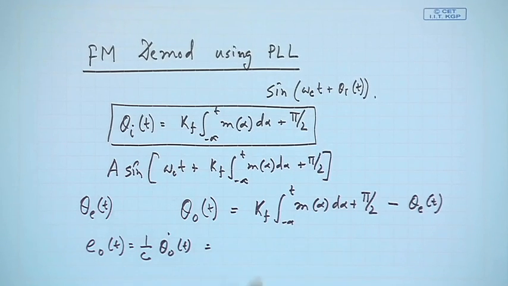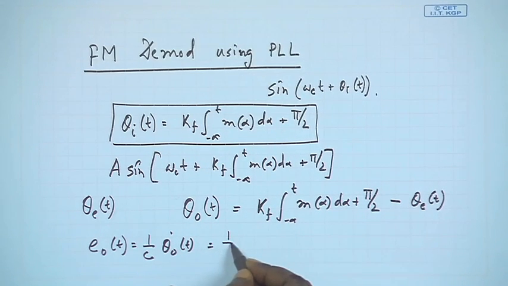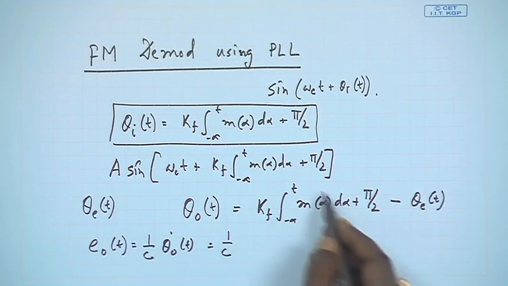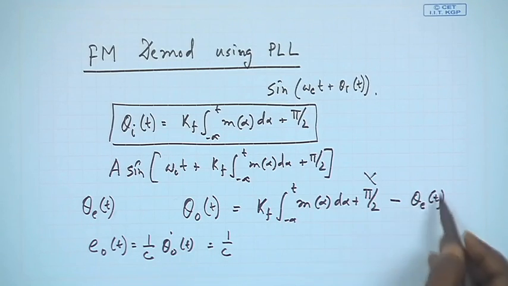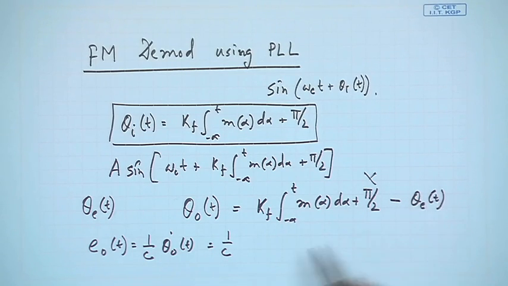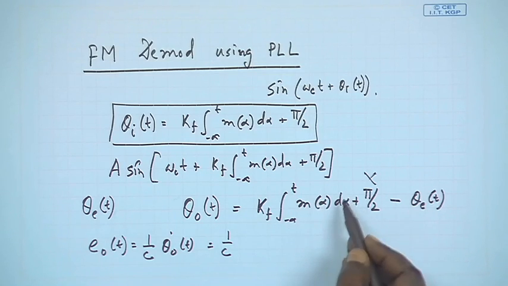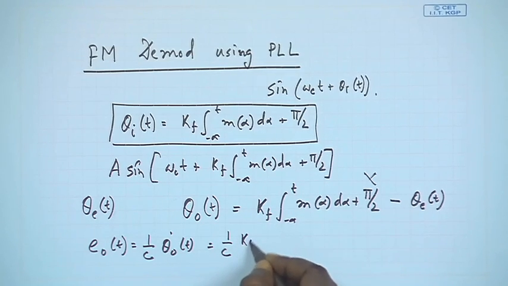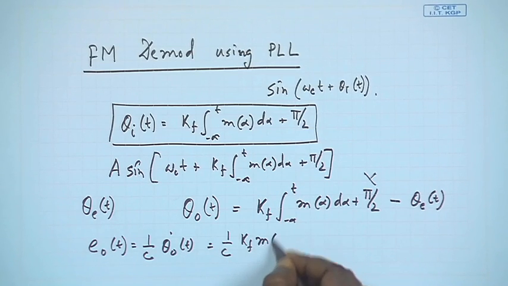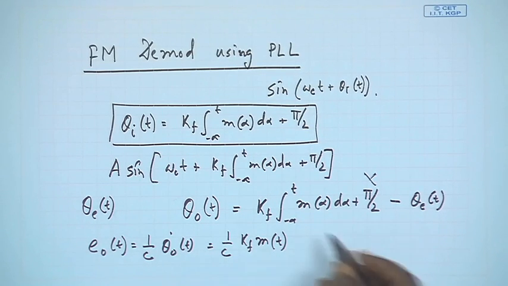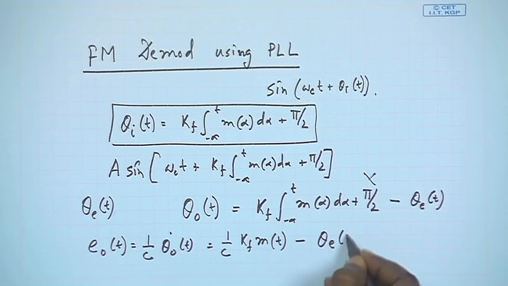Let us try to differentiate it. This term will be gone, I will have a differentiation of this one and of this one. Differentiation of that one gives k_f, and integration and differentiation cancel each other, so I get m(t), and I will get the differentiation of this.